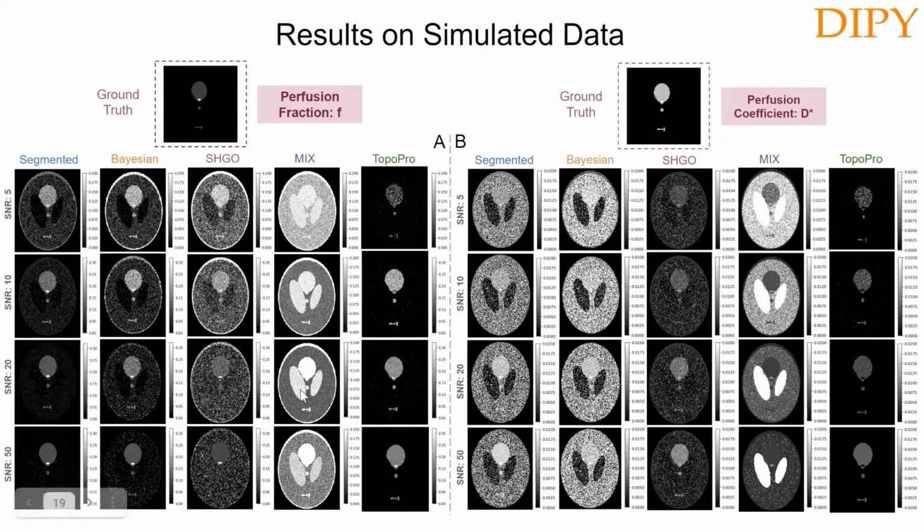But for these other methods, the perfusion fraction is not estimated properly. Often there is overestimation, or it is underestimated by some of these methods. For example, the segmented method shows really good performance at SNR 20, 50, and 10, but the perfusion fraction estimated by it is really wrong. Everything is just noisy, right from SNR 5 to SNR 50.